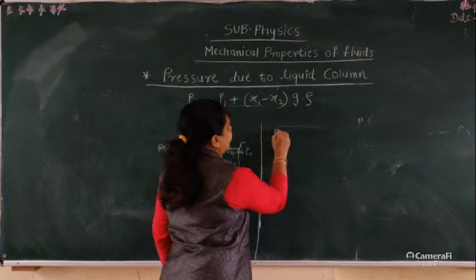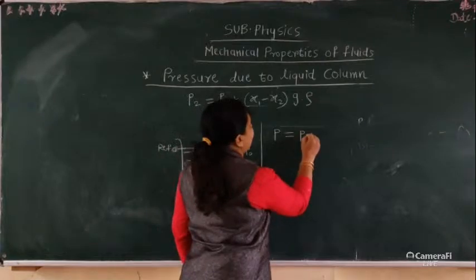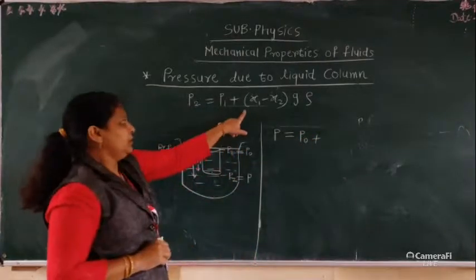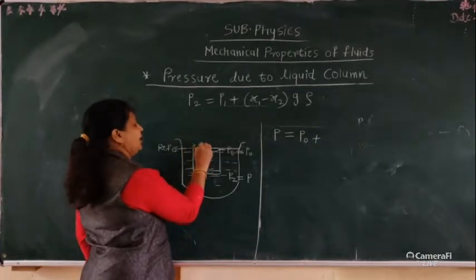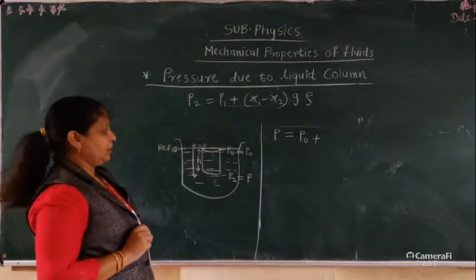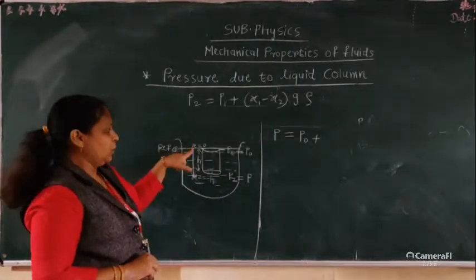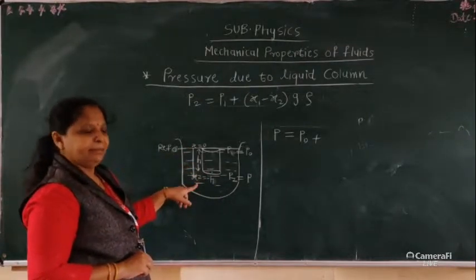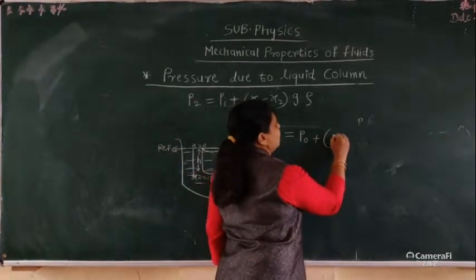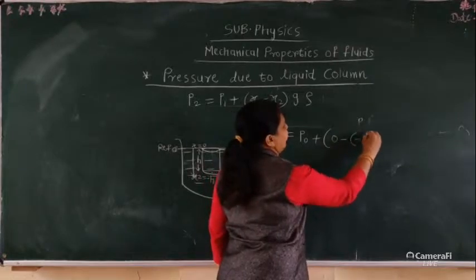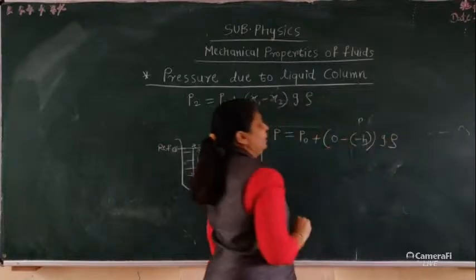सो P. देन P1 मीन्स P0. P0 प्लस x1 काय इथं 0 आहे. हा रेफरन्स पॉइंट आहे त्यामुळे x1 0 घेतलेला आहे आणि x2 जो आहे तो असणार आहे मायनस h कारण डाऊनवर्ड डायरेक्शनने आपण डेप्थ जी आहे ती मेजर करतोय. सो P इज इक्वल टू P0 प्लस 0 मायनस h इंटू G into rho.